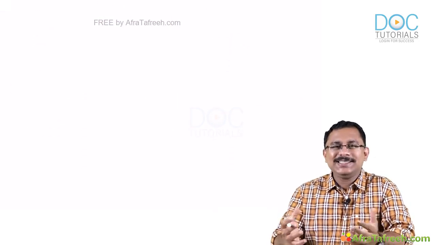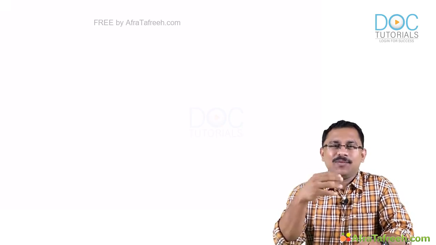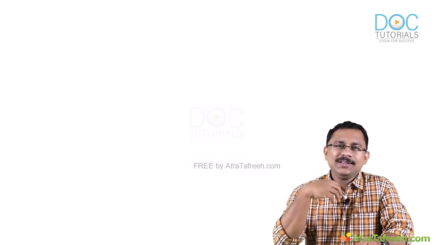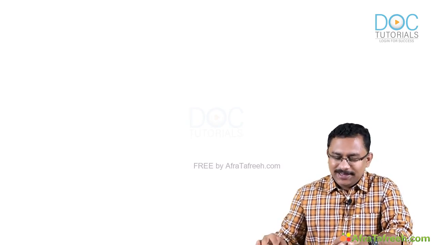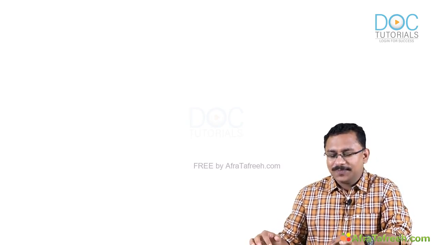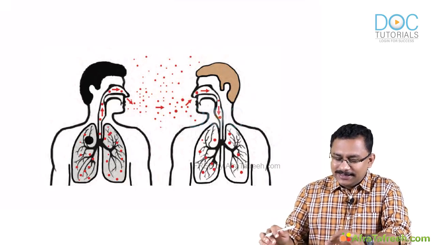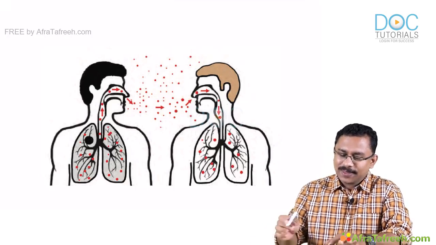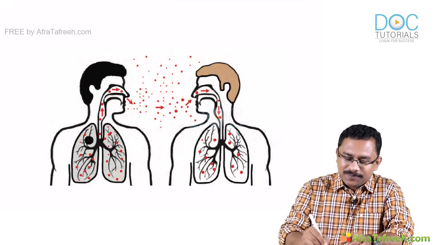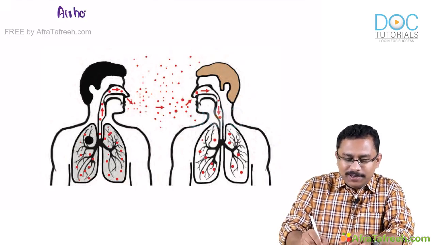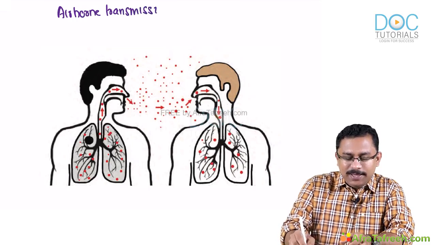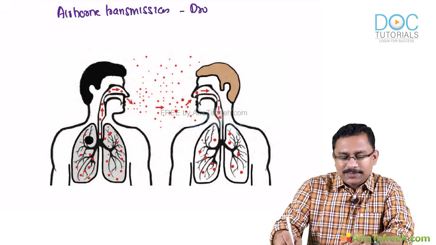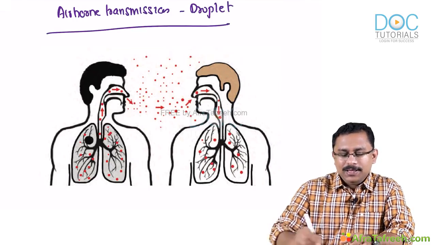So how is this disease spread from one person to another? Mycobacterium tuberculosis is transmitted by airborne transmission, that is by means of droplets.